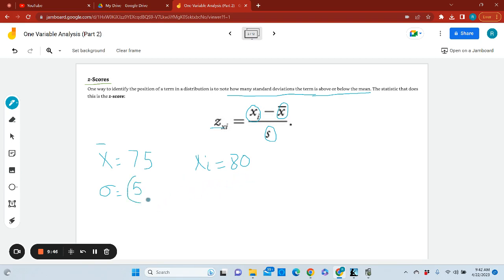If a standard deviation was 5 points and you scored 5 points above the average, then you're 1 standard deviation above average.